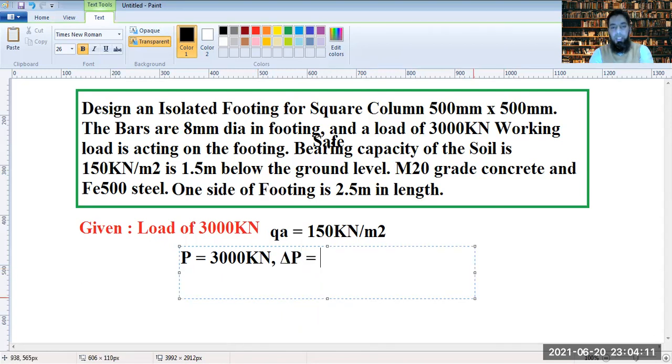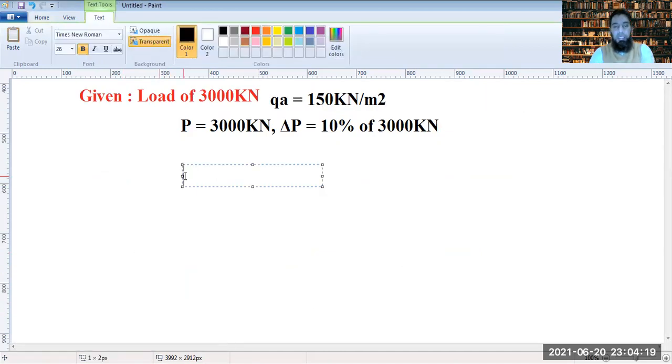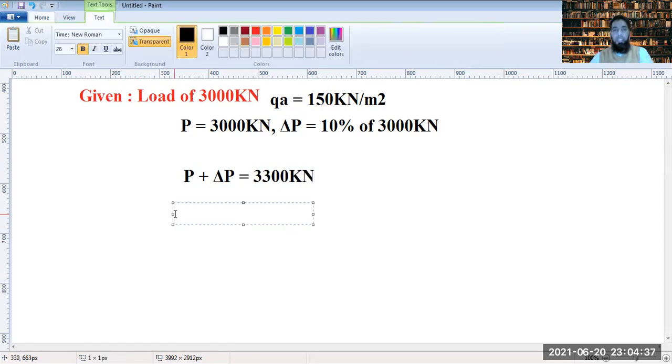Delta P would be 10% of 3000 kilonewton. So overall, this would be 3000 plus 300. So total P plus delta P is 3300 kilonewton.